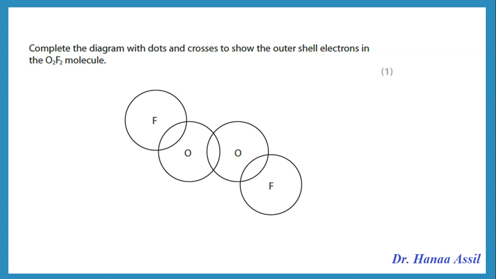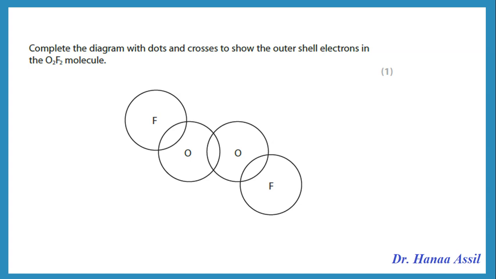Complete the diagram with dots and crosses to show the outer shell electrons in O2, F2. Again, when we draw dot and cross, we think, let's take a look at the F on top there. Fluorine is in group 7, it has 7 electrons, it needs one more. And that means between each F and O, we're going to have one pair of electrons being shared.